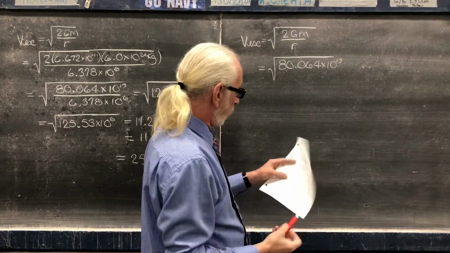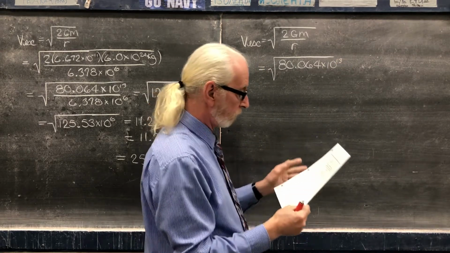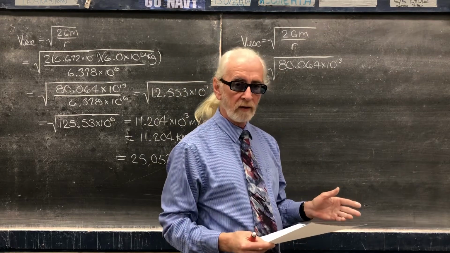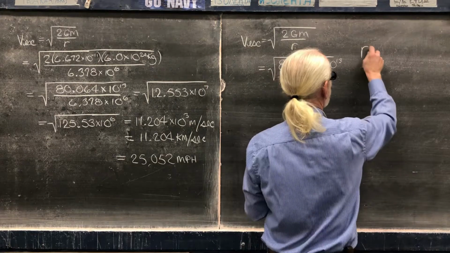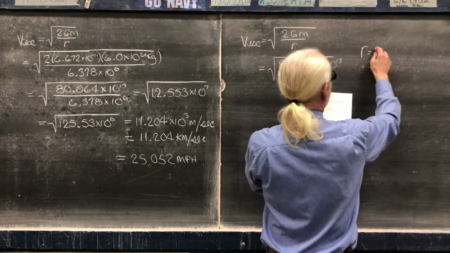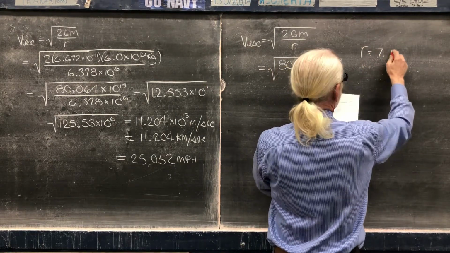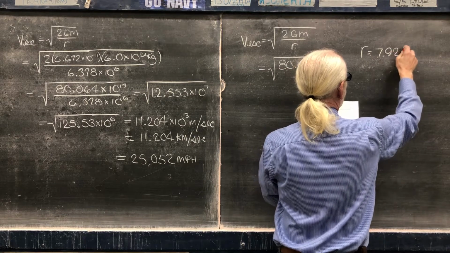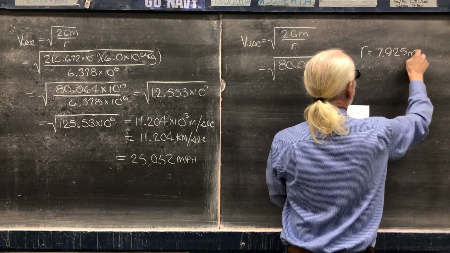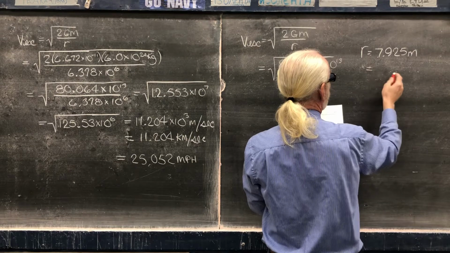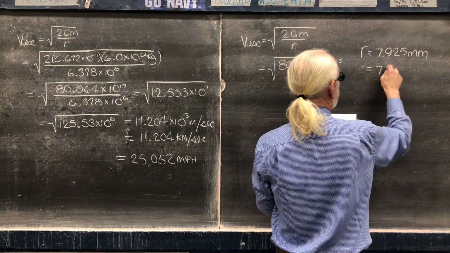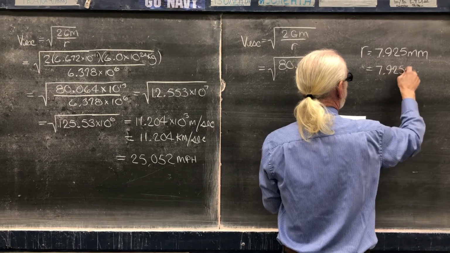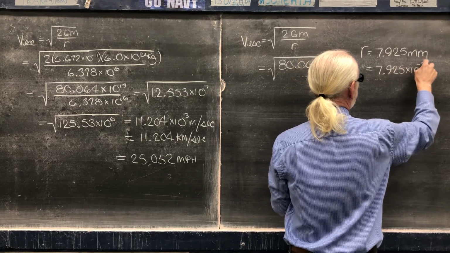And if I have a diameter of 15.85 millimeters, that means that I have a radius of 7.925 millimeters, which is 7.925 times 10 to the negative third meters.